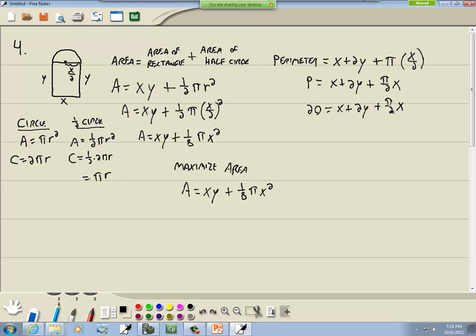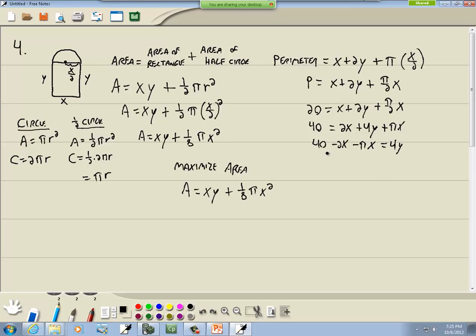Well, first thing I'm going to do is get rid of the fraction, so I'll multiply everything by 2. 2 times 20 gives us 40. 2 times x gives us 2x. 2 times 2y gives us 4y. And 2 times this gives us pi x. Now, I want to solve for y, so I'm going to take the 2x and the pi x over to the left side. So I got 40 minus 2x minus pi x is equal to 4y.